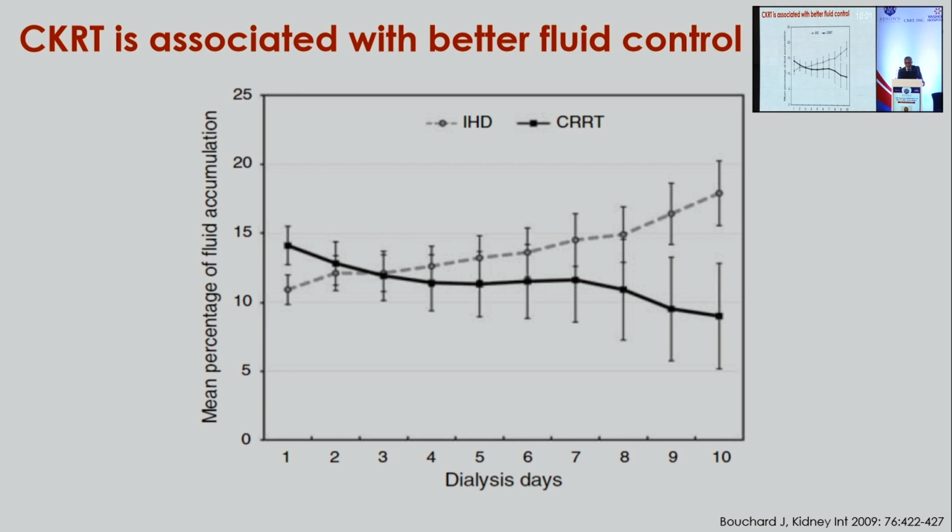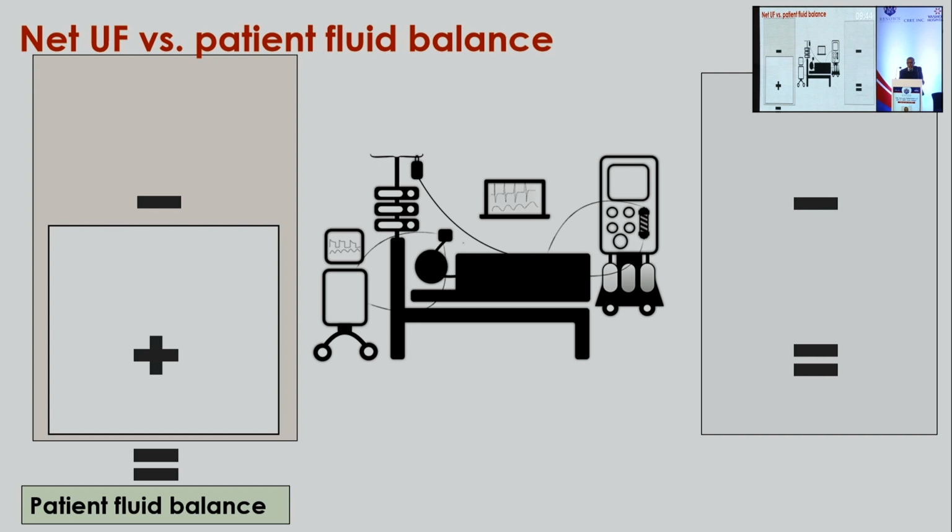It's again a reminder that this is from the same study from Bouchard, where CKRT was associated with better fluid control over the 10 days of hospitalization or 10 dialysis days as compared to intermittent dialysis. Now, when we are thinking of fluid removal in this dialysis patient, we have to factor in two things.